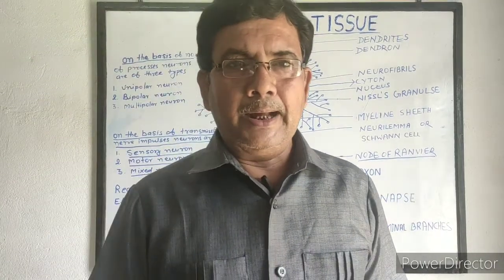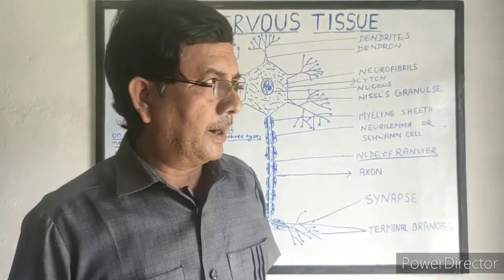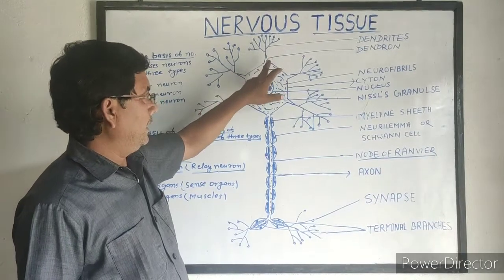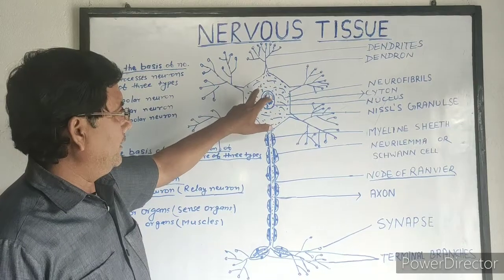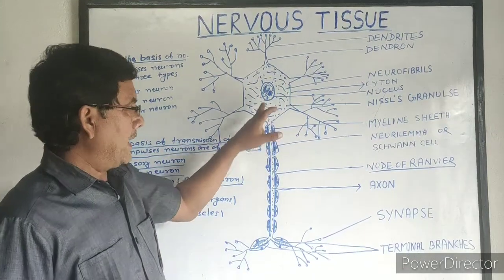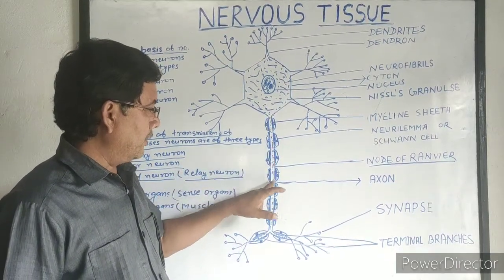These chemicals change into mild electric current. Now, this electric current is transmitted from the dendrites to the dendron, and from the dendron, these electrical impulses come into the cell body or cyton, and the cyton transmits these electrical impulses to the axon.